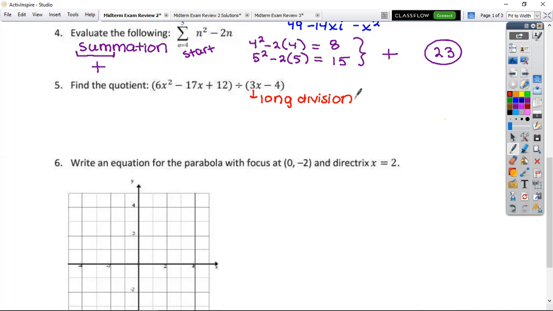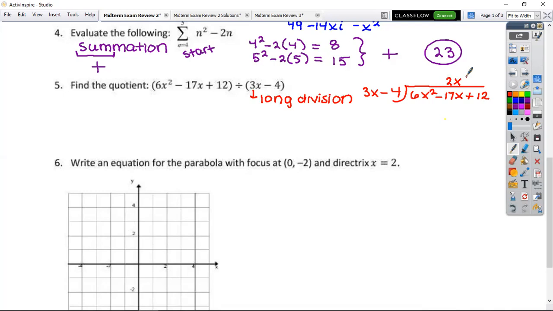I'm looking for some space. So I'm going to do that over here. We have 3x minus 4 is going to divide into 6x squared minus 17x plus 12. No placeholders, so you begin. I need to match the 6x squared, so I'm going to multiply it by 2x.